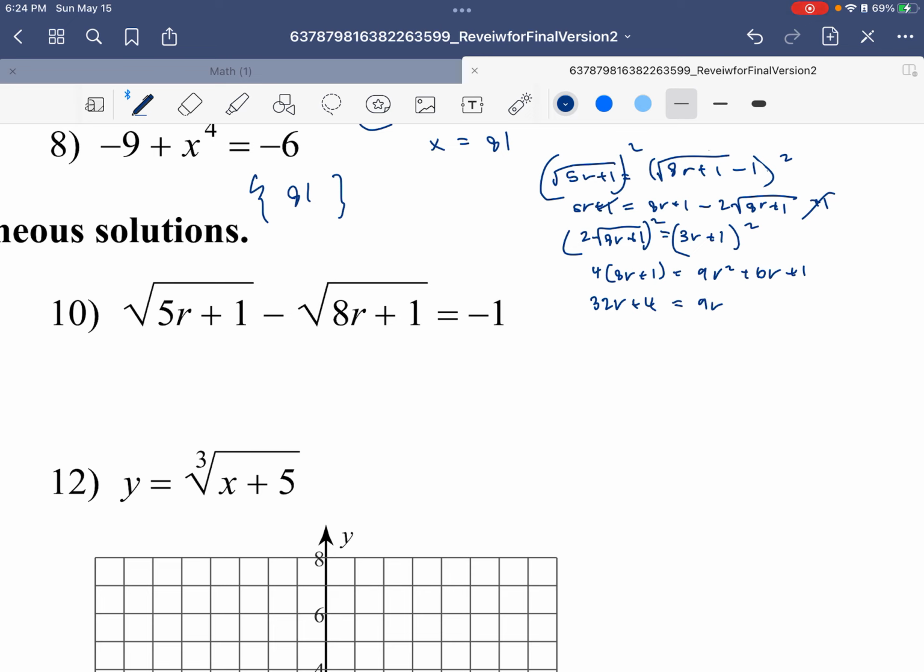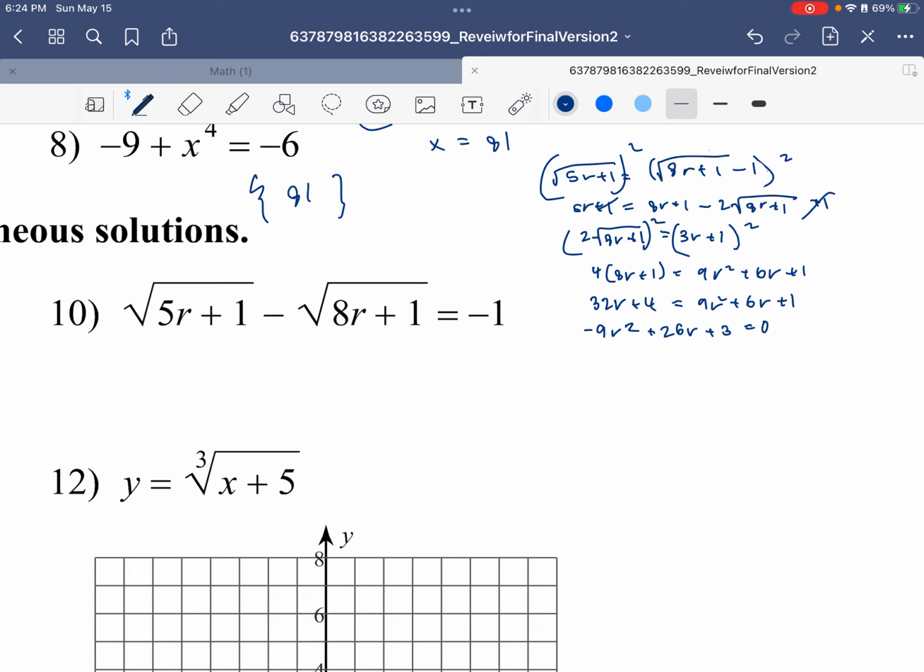equals same thing, and then combine like terms. I'm gonna move 9r squared to the left now, because I want to be able to set it to 0, so I'm gonna move everything to the left. 32 minus 6 is 26. 4 minus 1 is 3.